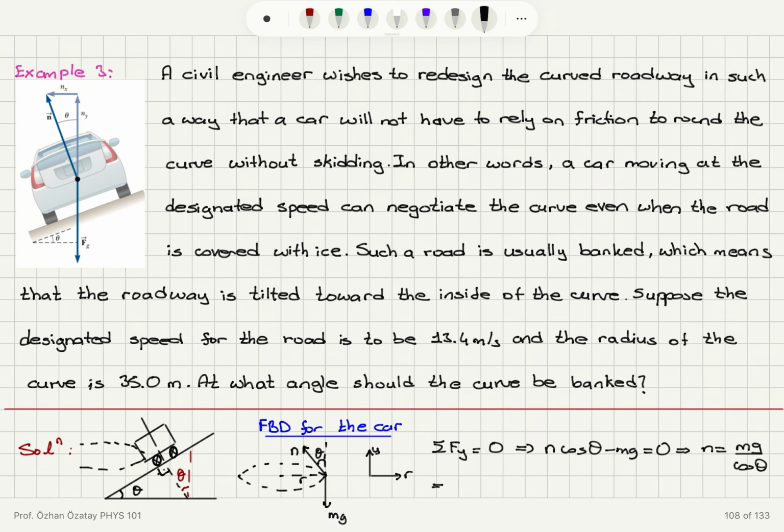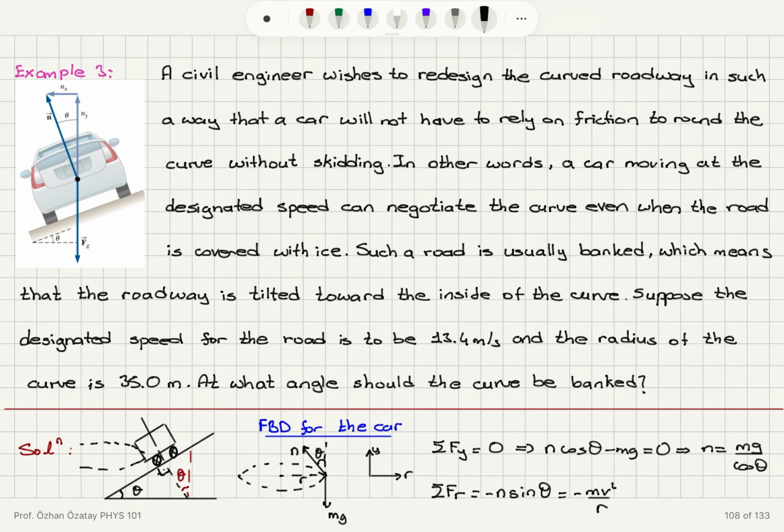On the other hand, the net radial force is pointing towards the center, which is minus N sine theta, and that is equal to minus mv squared over r, minus because it's pointing towards the center, and r hat is pointing radially outward from the center.